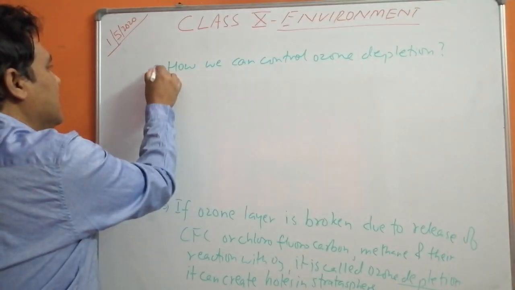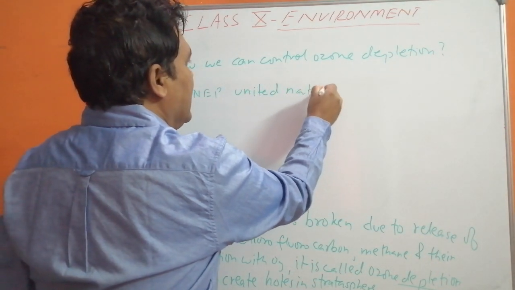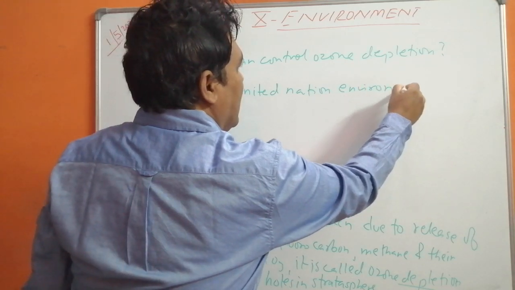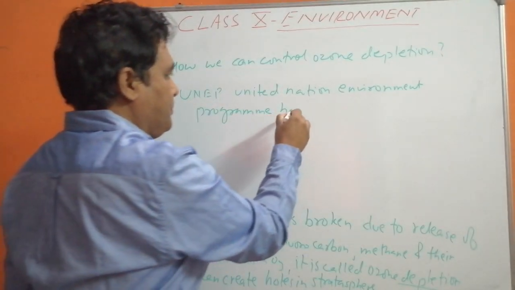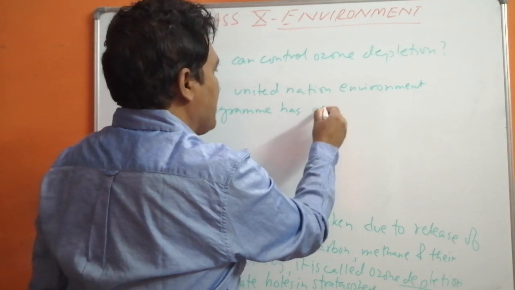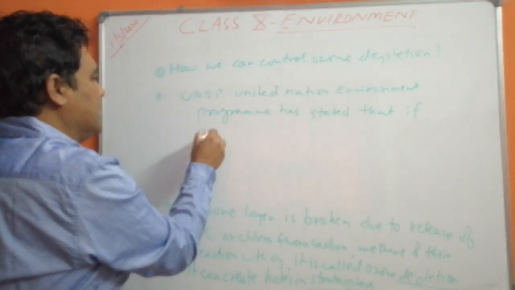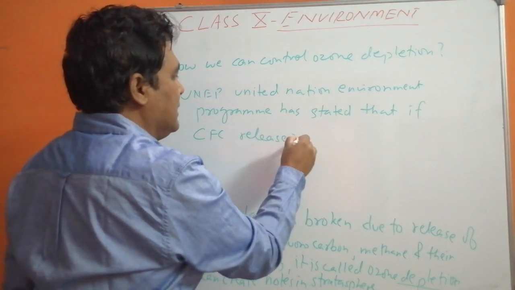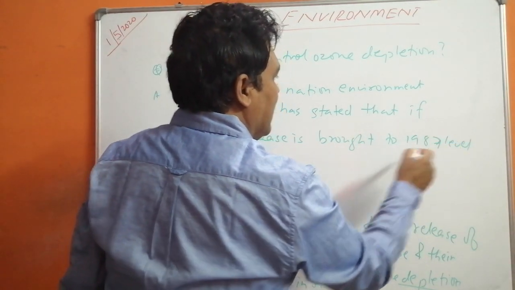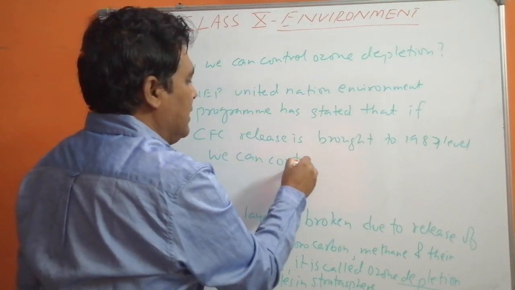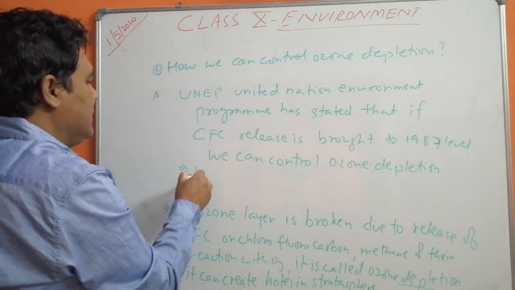The answer lies in UNEP, the United Nations Environment Program, which has stated that if CFC release is brought to the 1987 level, we can control ozone depletion.